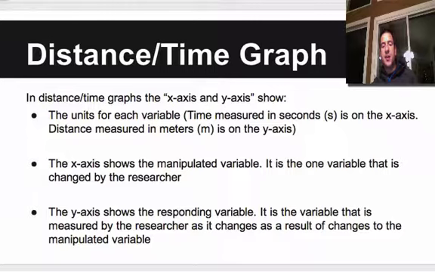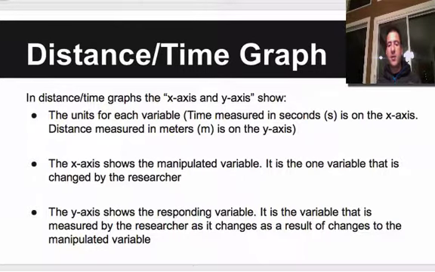In distance time graphs, there are two types of axes. I showed you the x-axis, which was the flat horizontal axis, and then there's the y-axis, which was the vertical axis. The time is measured in seconds and goes on the x-axis, and the distance, measured in meters, is on the y-axis, the vertical axis. The x-axis shows the manipulated variable, and these next two points I really want you to know.